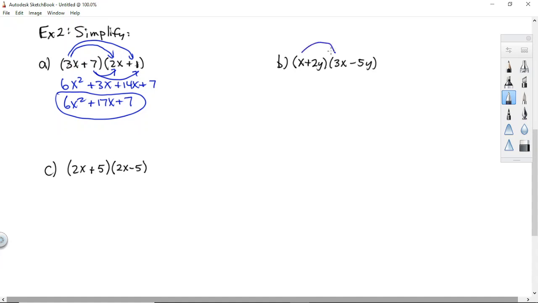Again, we just take x times 3x is 3x squared. x times negative 5y is negative 5xy. And then 2y times 3x is 6xy. And then 2y times negative 5y, negative 10y squared.